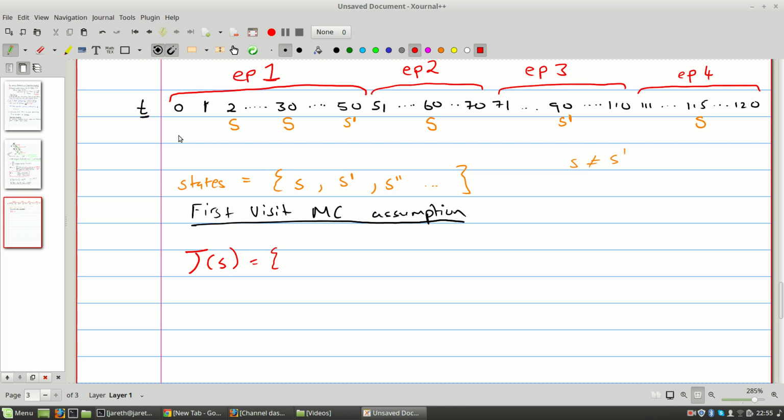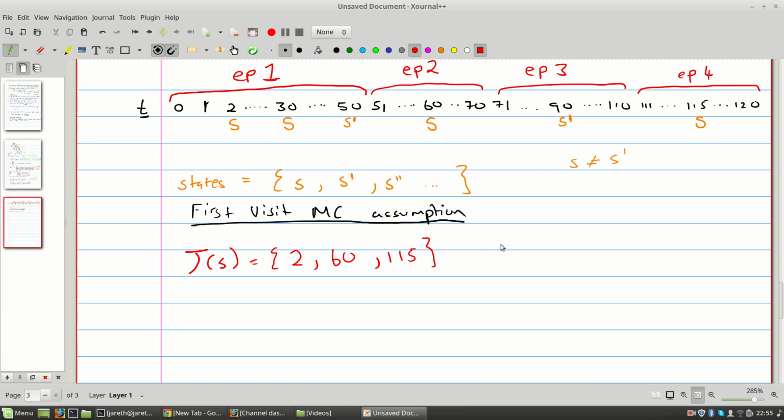Here we visited S at time step 2, so we put 2 here. We visited S at time step 30, but if this was every visit, we would put 30 here; since this is first visit, we ignore it because we only care about the first visit. In episode 2, we visited S at time step 60, and that's the first time we visited it. In episode 3, we didn't visit S, so we ignore it. And in episode 4, we visited S at time step 115. So that's what T of S is here.